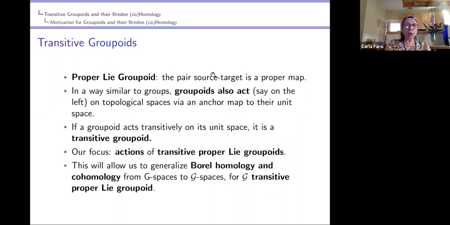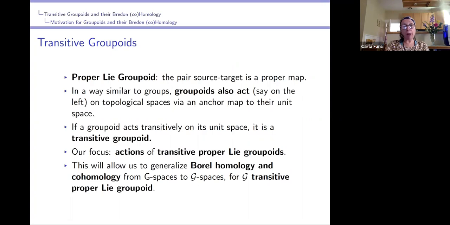So what's a transitive groupoid? Well, it comes from a transitive action of a groupoid, say. So we take a groupoid and we make it act on a space. How does a groupoid act on a space? Well, it acts very similarly to the way a group acts on a space, but not every arrow acts on every point of the space.